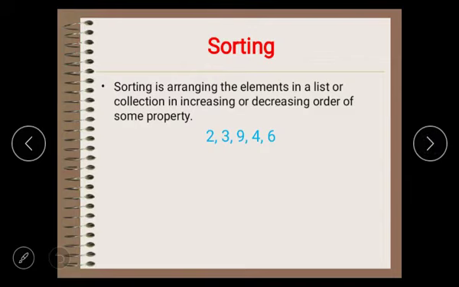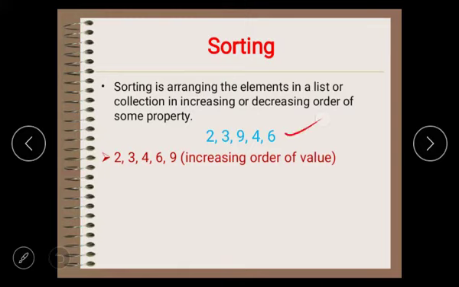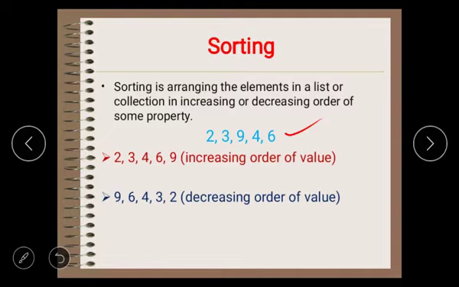For example, if we have the list of integers 2, 3, 9, 4, 6, then sorting it in increasing order means rearranging the list in increasing order. After rearranging, we will get the values 2, 3, 4, 6, 9. If we sort the given elements in decreasing order, then the list is 9, 6, 4, 3, 2.